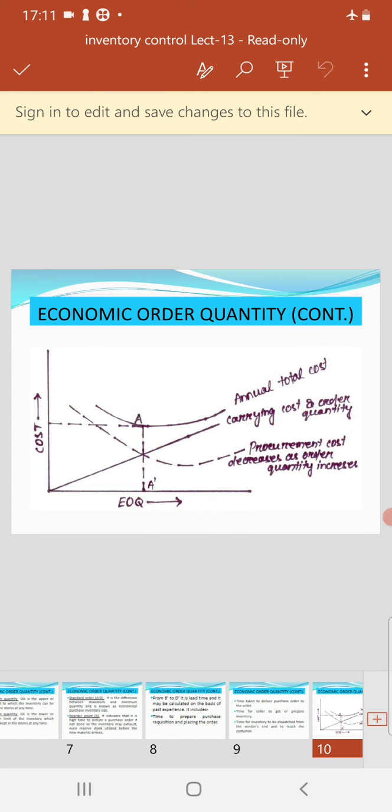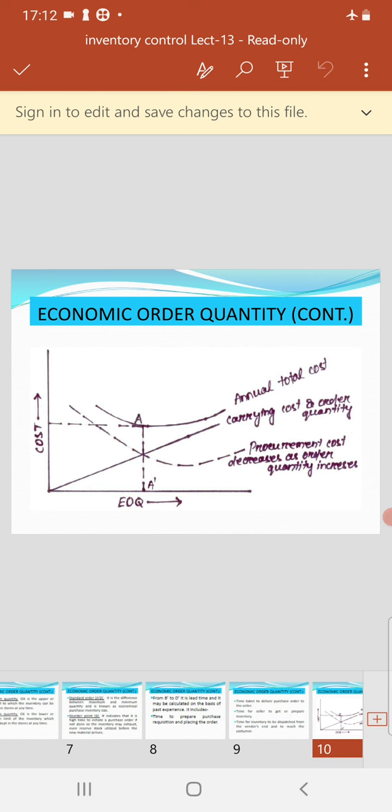So how will you calculate the economic order quantity? With cost and quantity, we have already discussed there are two types of cost associated with inventory: some are fixed cost and some are variable cost. So fixed cost will be a horizontal line, it does not depend on quantity.